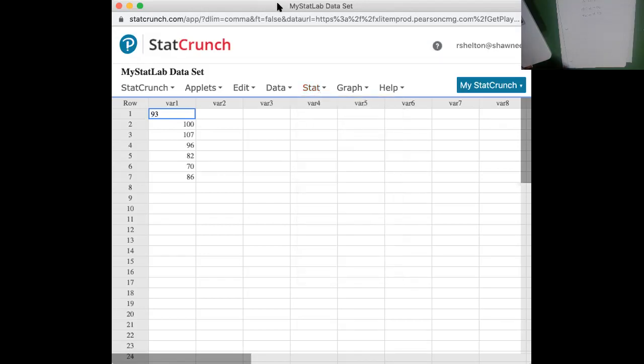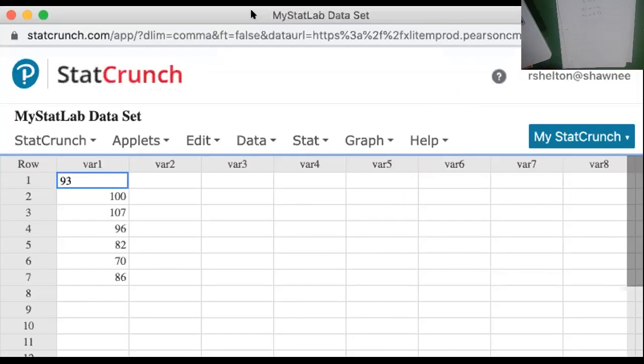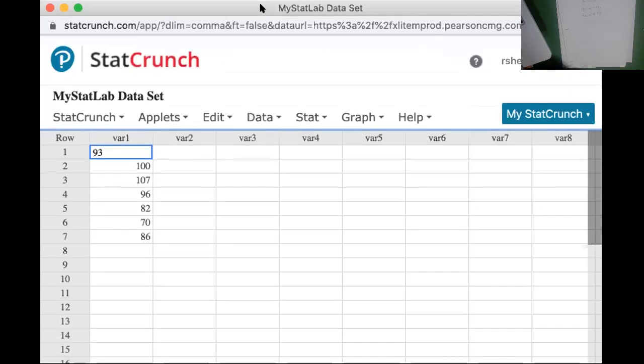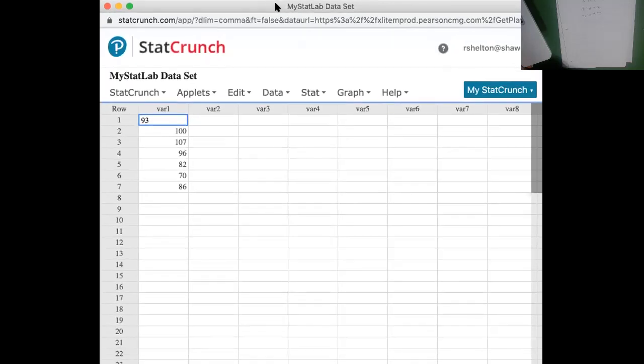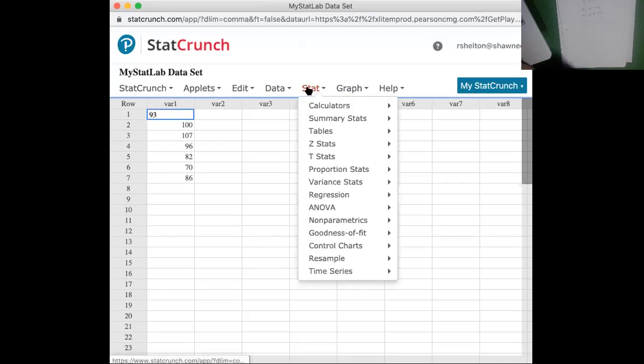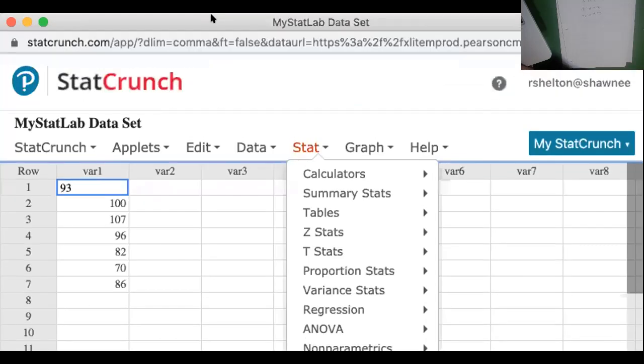I'm just refreshing myself. Okay, so 95 is the null mean. Our X bar is 90.6. We got a standard deviation. So let's go stat. Oh, we got to determine, are we going to use T or Z, right? Let's look and see what it says.